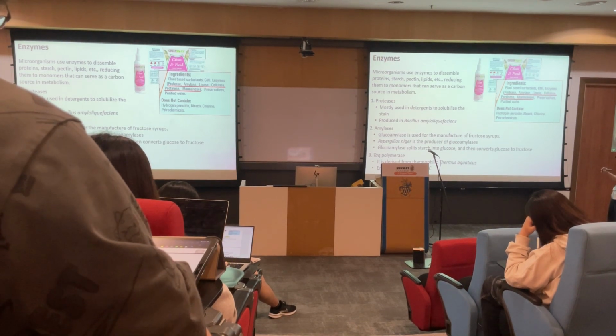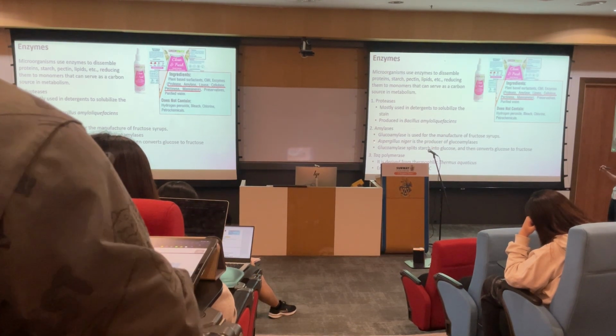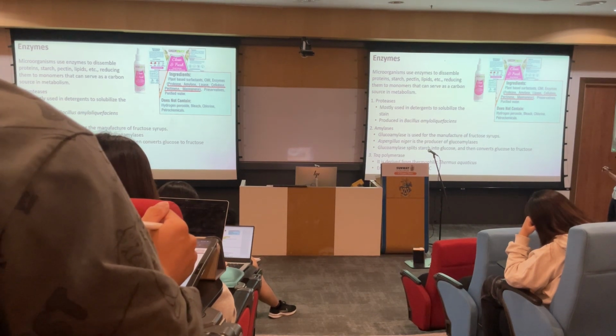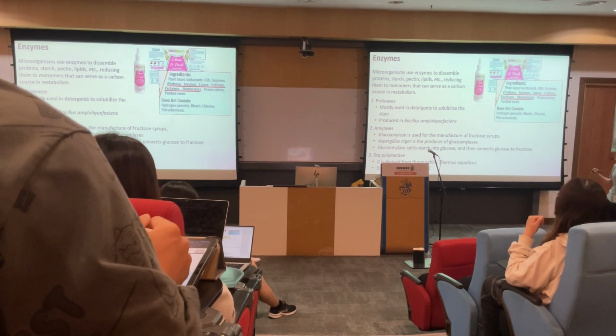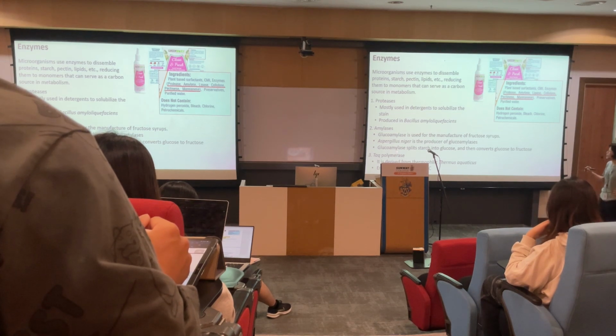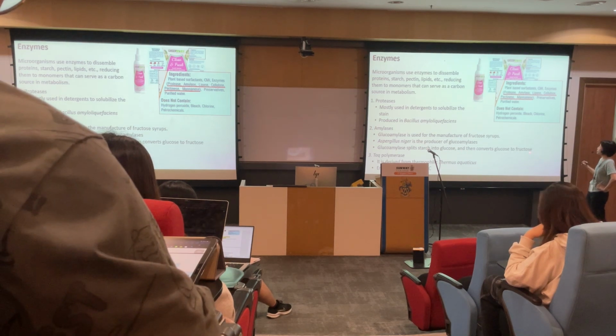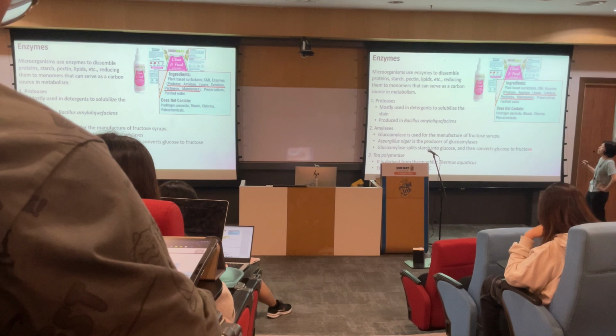Here Aspergillus niger also makes glucoamylase, which breaks the starch into glucose, and then the glucose is converted into fructose and becomes the syrup.